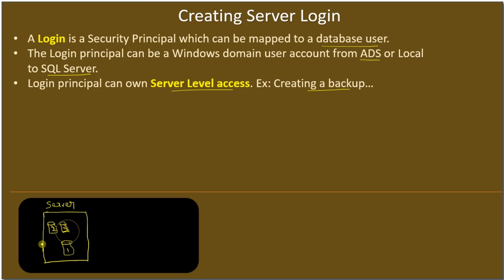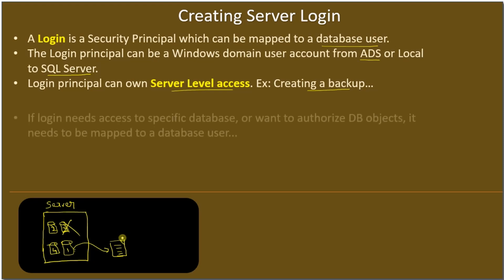So a server can have multiple DBs, and a server level action in the sense of taking a backup of this DB to a physical disk as a backup file, right? That is seen as a server level action, or completely deleting a database and creating a new database. All these are server level actions, right? A login principal can own server level access. Example, creating a backup or deleting a database. All these are seen as server level actions.